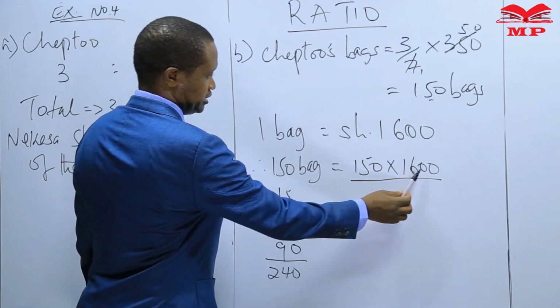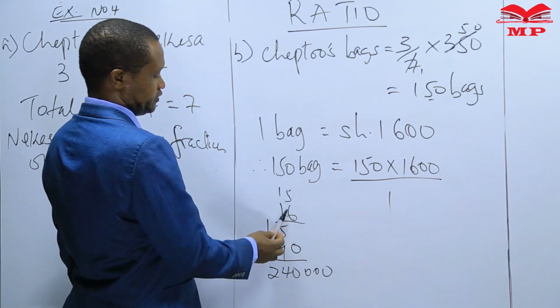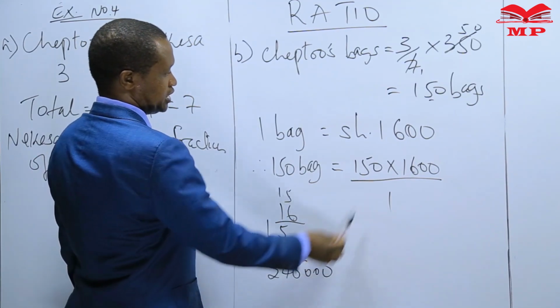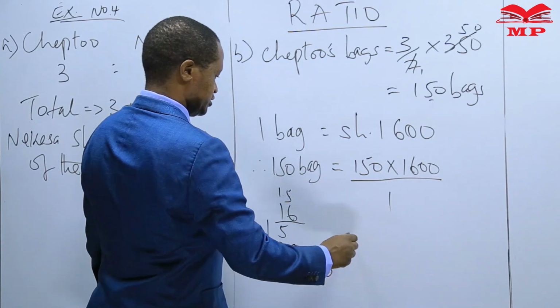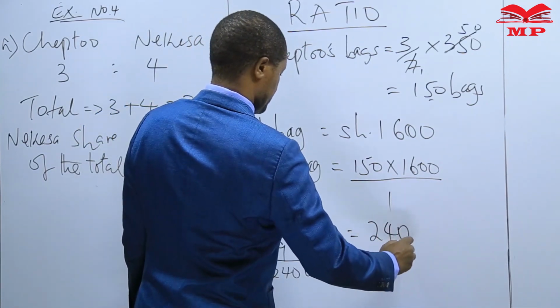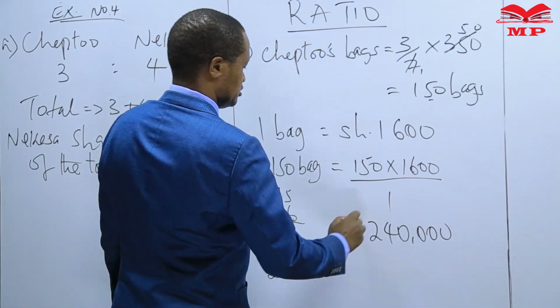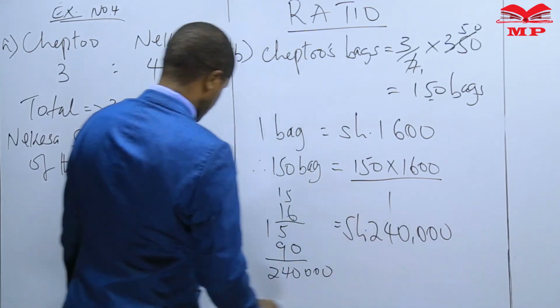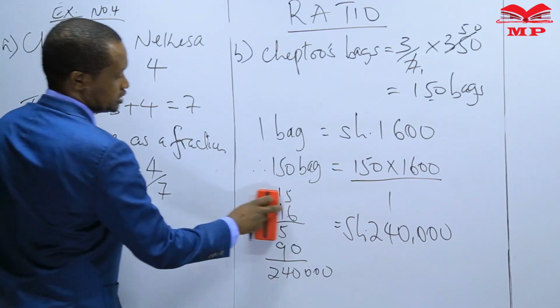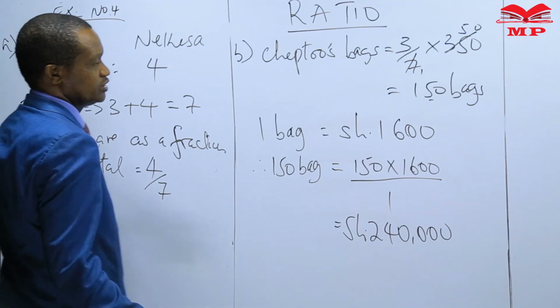Then we add the 3 zeros, 1, 2, 3. So the amount here will be 240,000 shillings. 240,000 shillings is the amount of money that Cheptoo got.